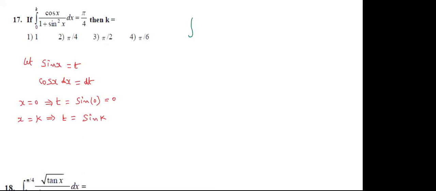Integration, change the limits also, 0 upper limit is sine k. Cos x dx means that is dt divided by 1 plus sine x means t now, 1 plus t square, that is equal to pi by 4.